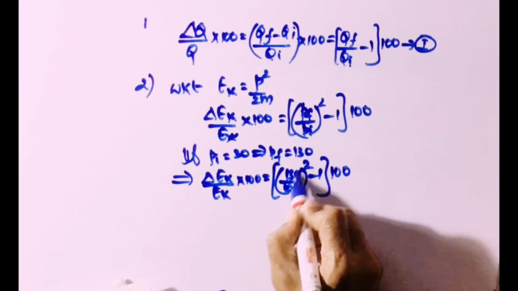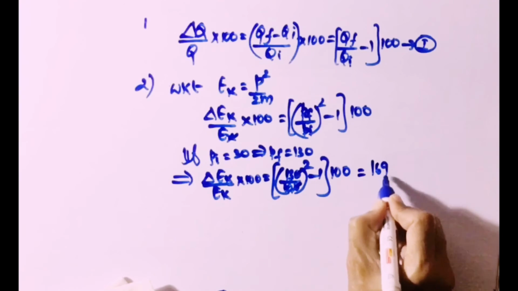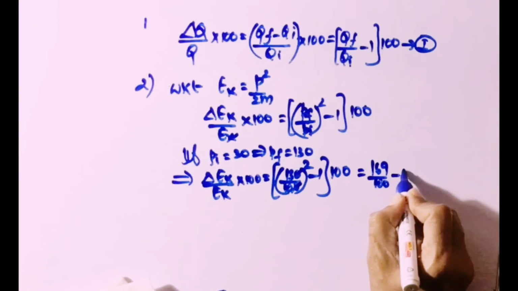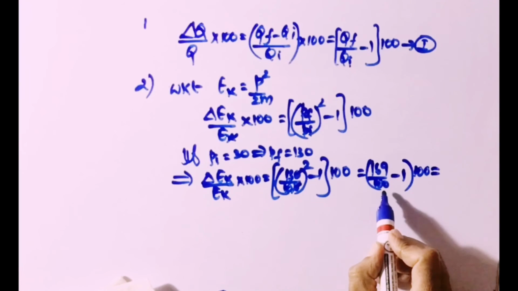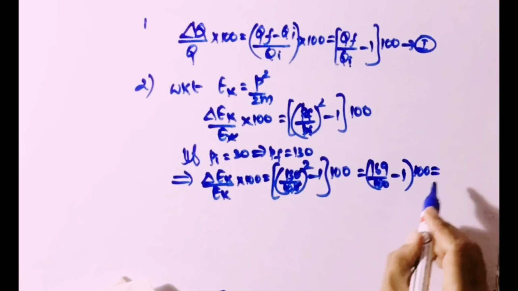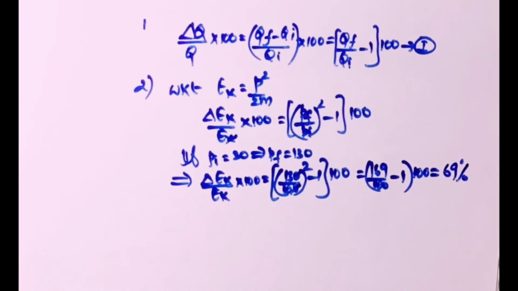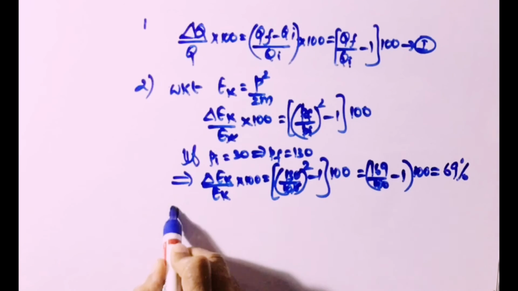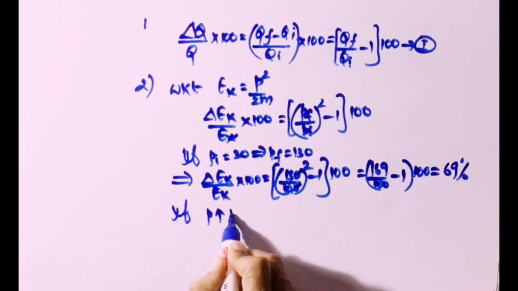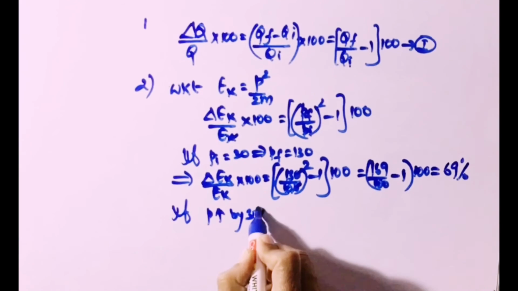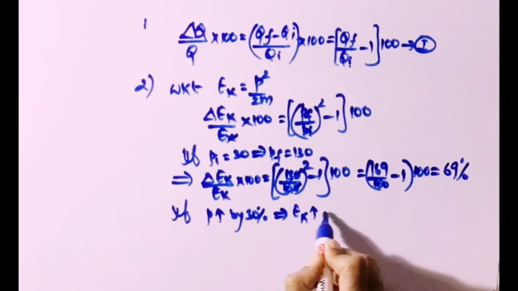You know these two zeros get cancelled. 13 squared is 169 by 10 squared is 100 minus 1 into 100. Now 169 by 100 is 1.69 minus 1 is 0.69 into 100 is 69%. End of the solution. So summary of the discussion is, if momentum P of a body increases by 30%, it implies that the kinetic energy Ek increases by 69%.